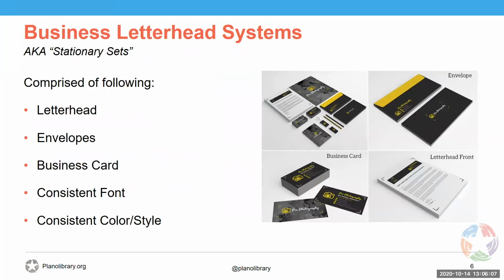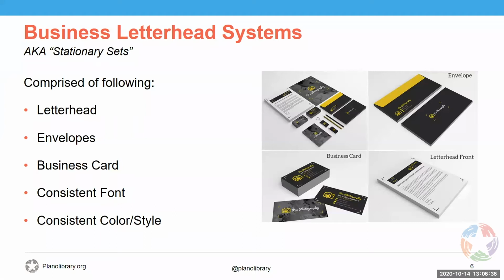So, business letterhead systems. Today we are going to focus strictly on the letterhead portion for formatting, but they are also known as stationery sets. I personally view business letterhead systems as being different from stationery, as they are comprised of envelopes, business cards, and typically you have a consistent font and consistent color and style.